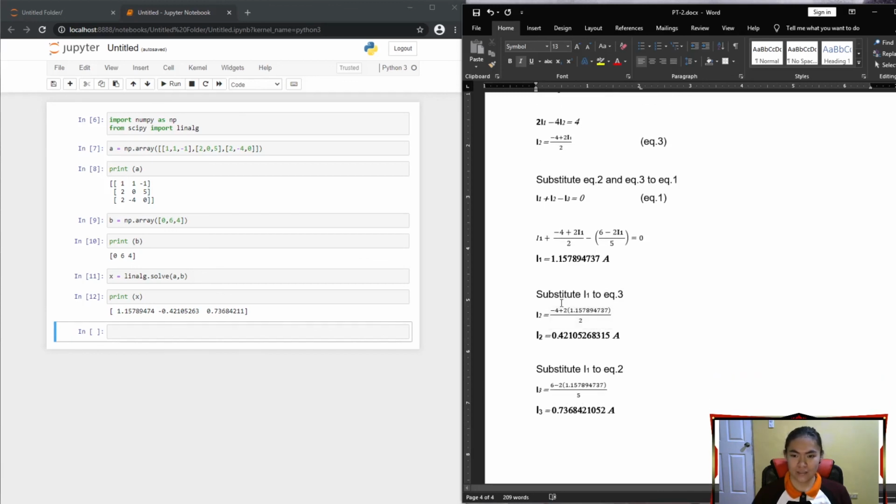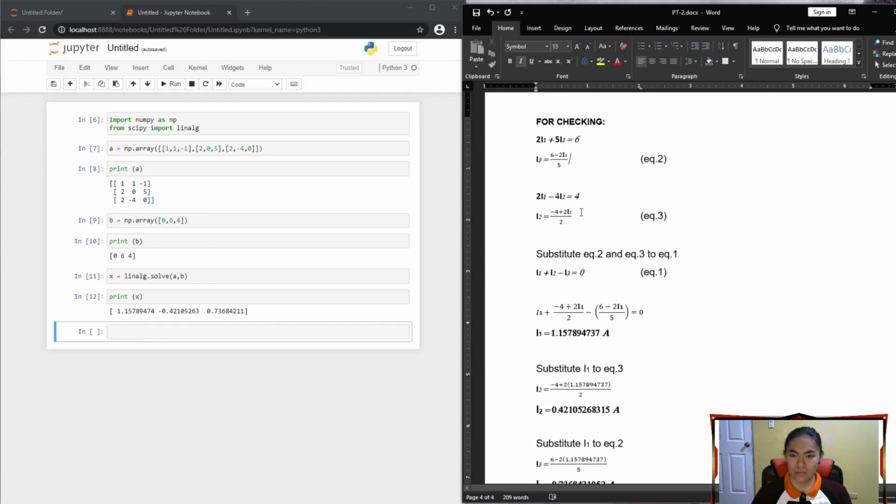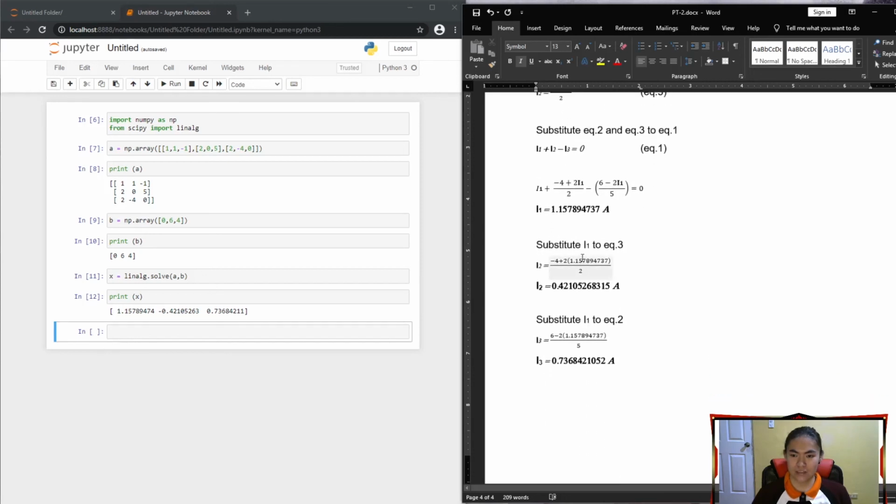Then, next is, since nakuha na natin yung ating I1, pwede natin siyang i-substitute sa ating equation 3. So, balikan natin dito. Ito yung simplified form ng ating equation 3. So, i-substitute na lang natin dyan yung value ng I1 and makakuha tayo ng 0.42.